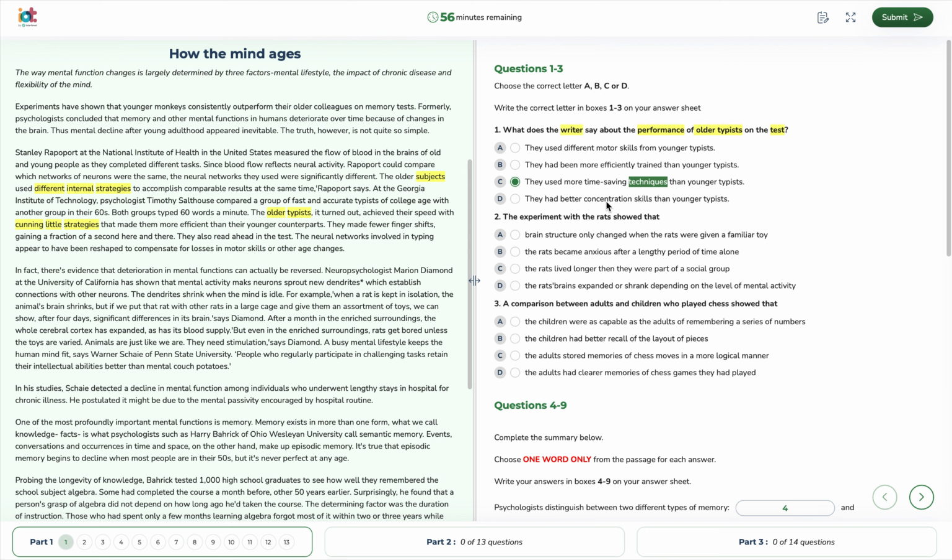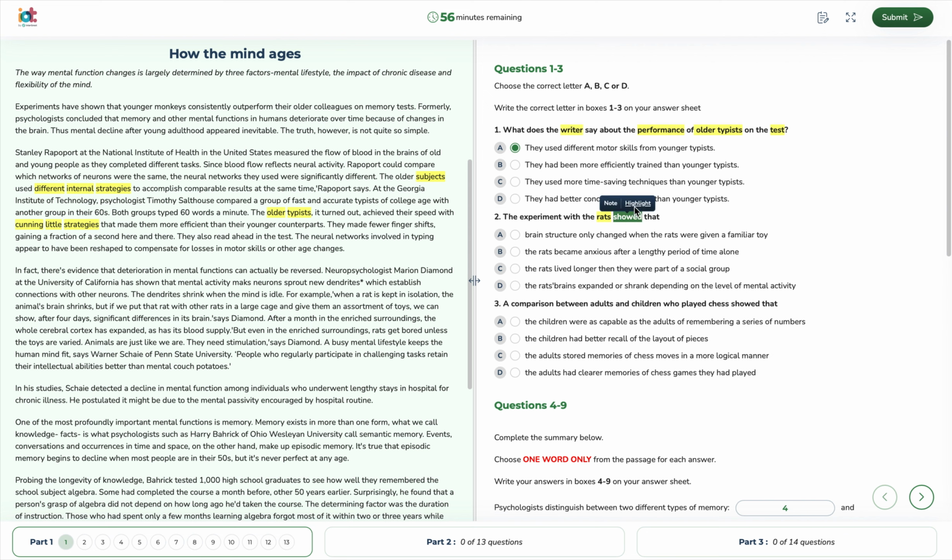The next one is better concentration, but nothing is talked about concentration. It is about the strategies they use. So option A will be correct, in which they use different motor skills from the younger typists. The way they were thinking, they were able to do the test in the same time as them.